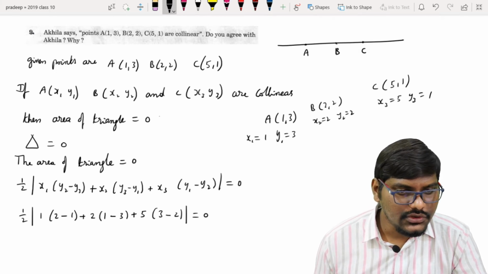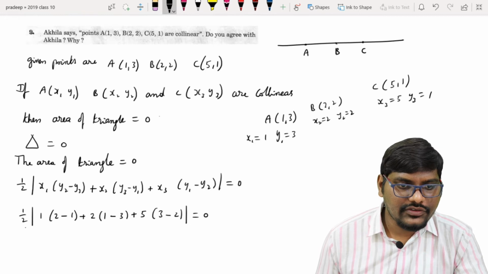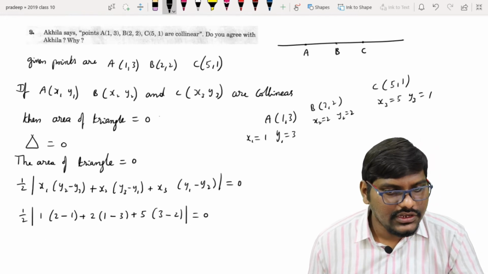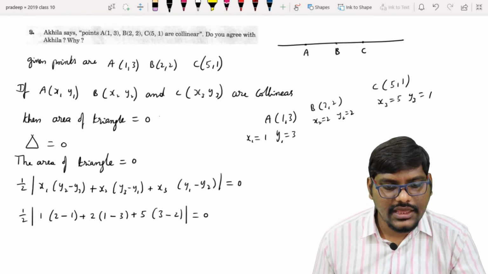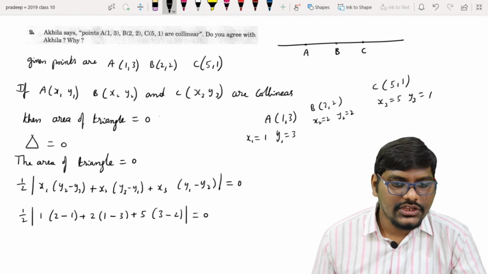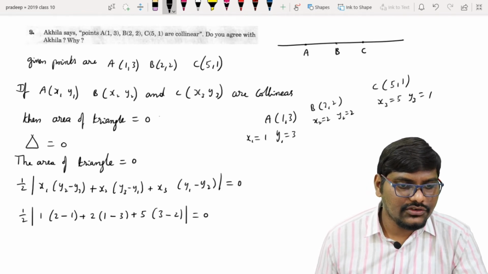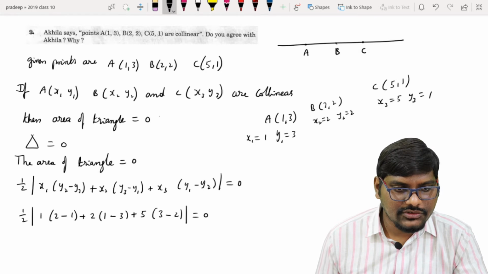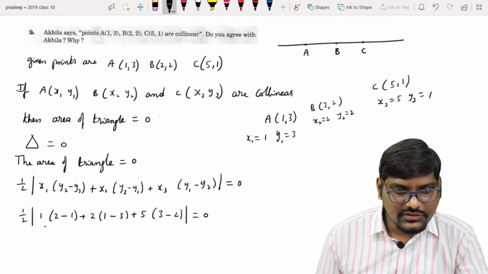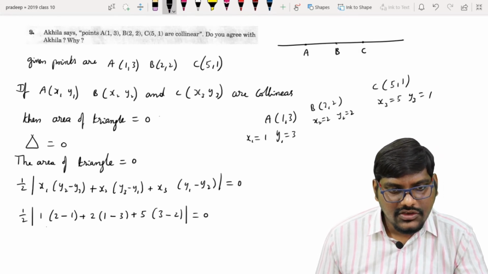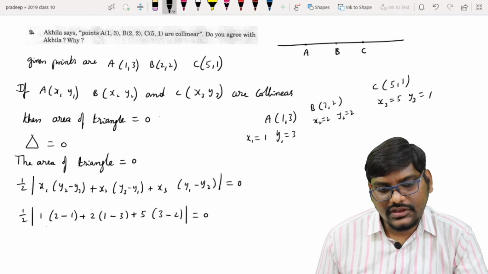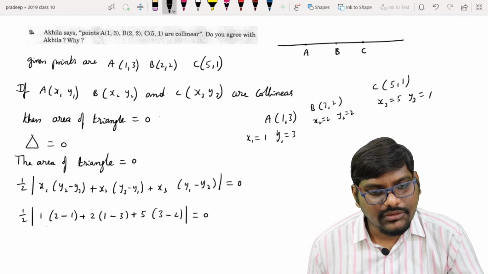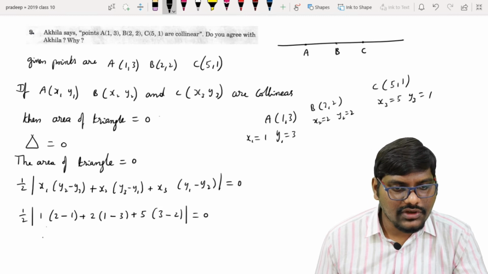Alright, so this is half. If I send this half to the other side, it multiplies with 0, that is 0 into 2, which will definitely be 0. So I can write the remaining terms here: 1 into (2 minus 1), and 2 minus 1 is only 1.